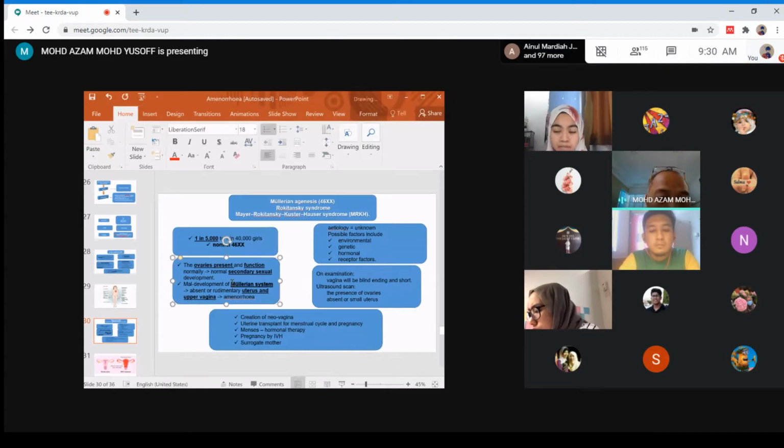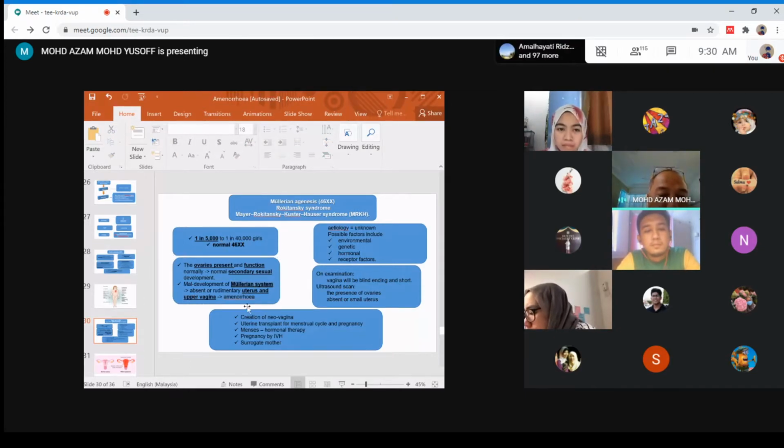The problem is the Mullerian system, the outflow. The Mullerian duct gives rise to the uterus and upper vagina, isn't it? So this is not well developed, causing amenorrhea.